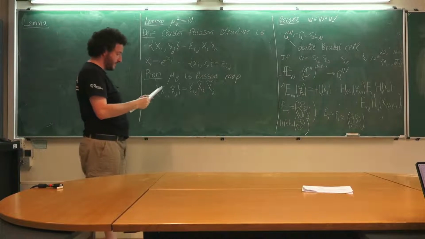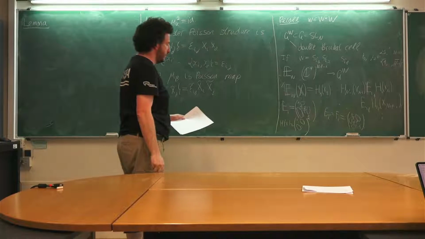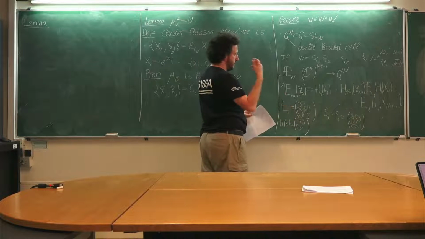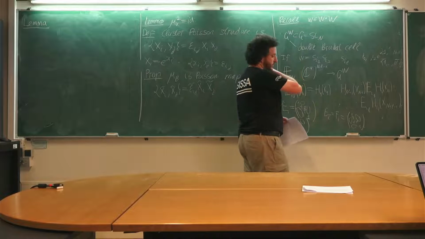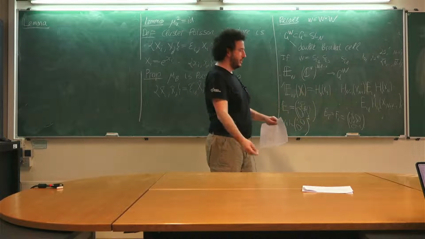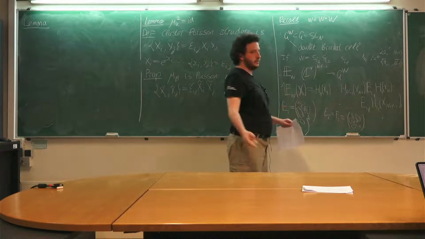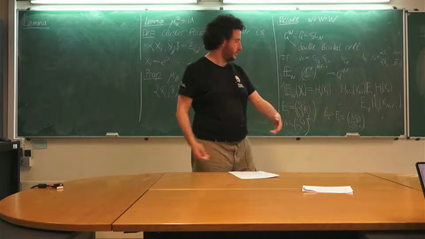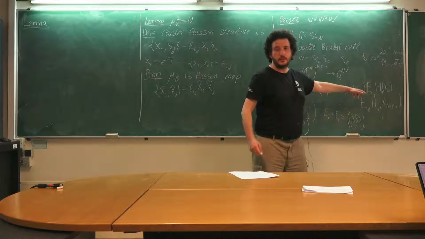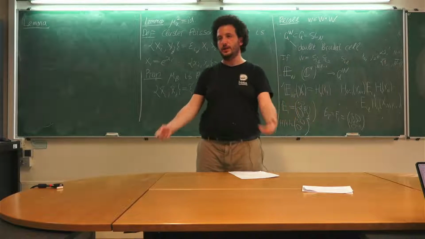Lemma. So let us consider the simplest non-trivial double Bruhat cell. The simplest double Bruhat cell is the case where W is just the identity. Then in this formula we have just the product of Cartan elements, so the corresponding double Bruhat cell is just the Cartan.